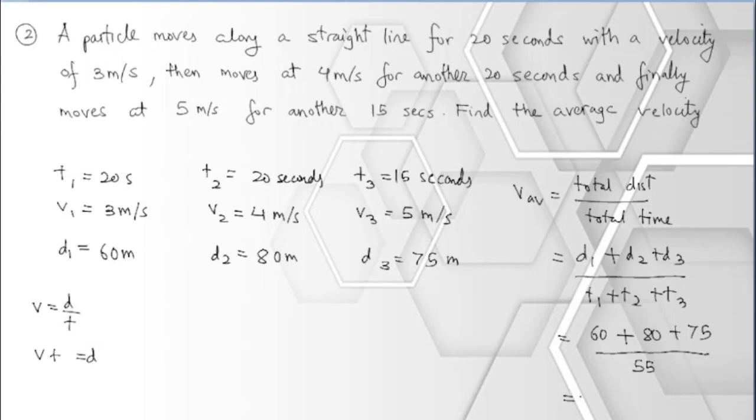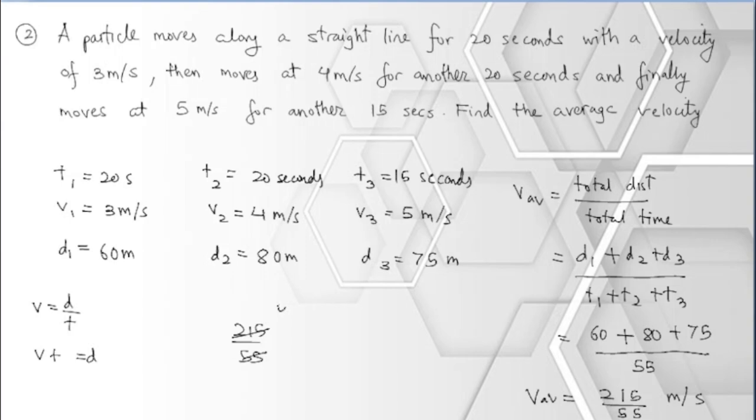I'm leaving it up to you how to calculate this. You can divide both by 5 and you get 43 by 11. You can find the decimal value if you want. That's up to you.